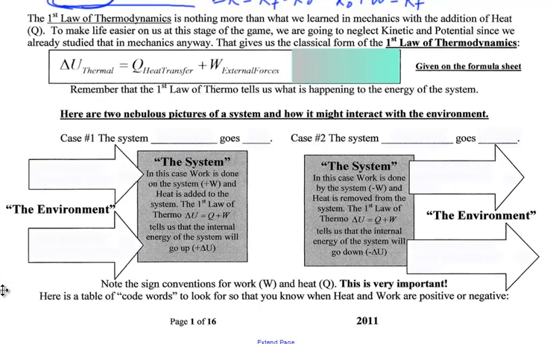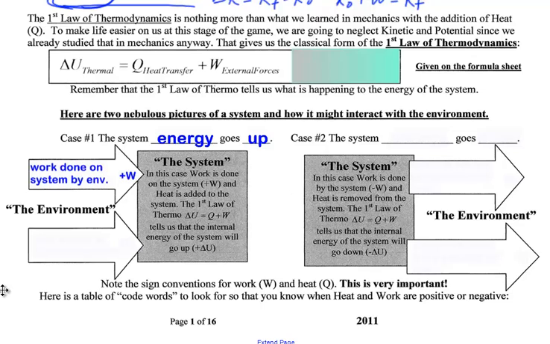Okay, so case number one. The system energy goes up, right? So we want our change in U to be going up, not going down. In this case, work is done on the system, plus heat is added to the system. So we can do two different things.